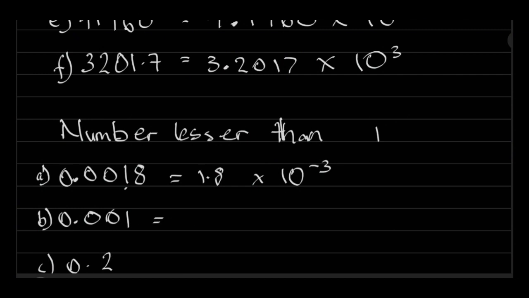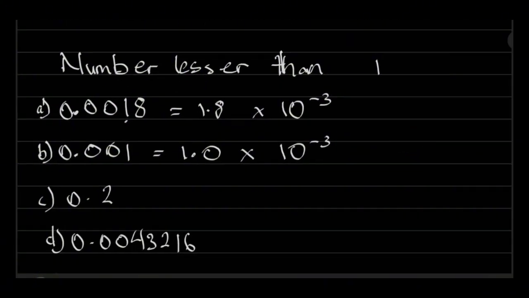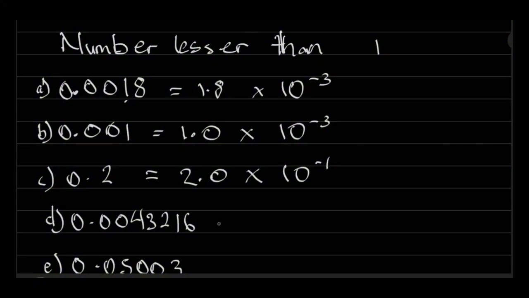Our first significant number is 1, so 1.0 times 10 raised to the power 1, 2, 3. So we've removed 3 decimal places, and that will be indicated by negative 3. This will give us 2.0 times 10 raised to the power negative 1, because we removed only 1 decimal place.